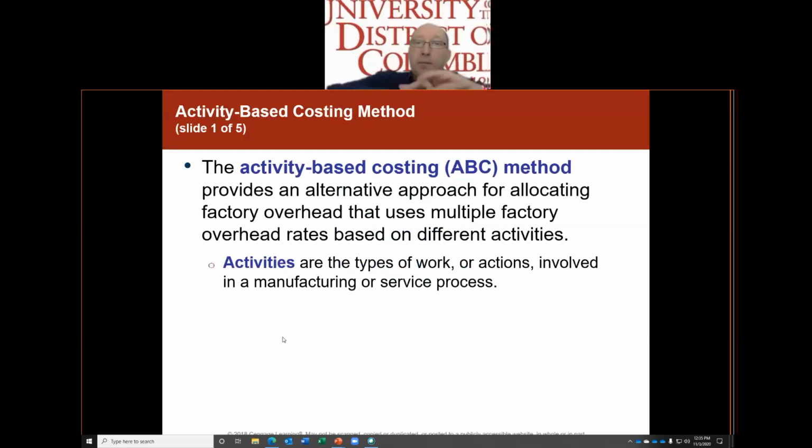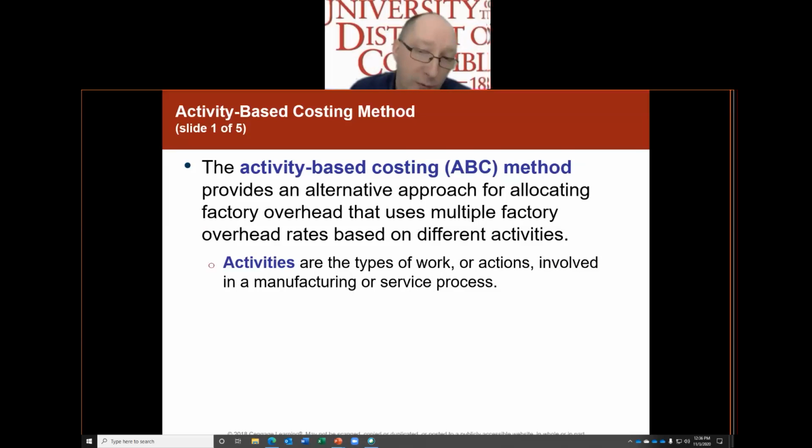Now, let's talk about probably the most entertaining cost method of all of them, the activity-based costing method. This provides a different approach to applying factory overhead because it uses multiple factory overhead rates based on different activities.